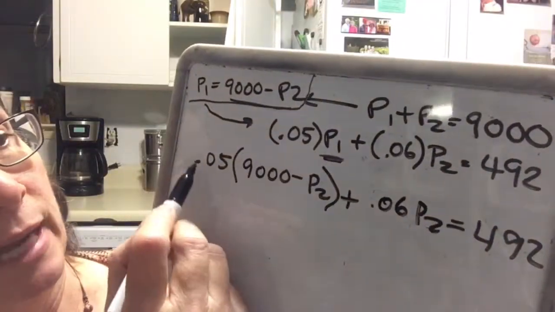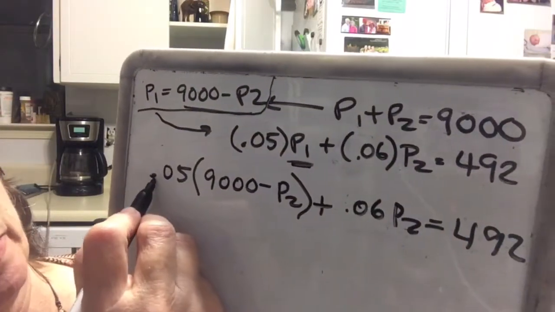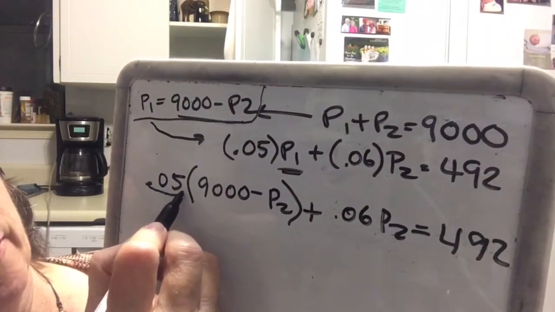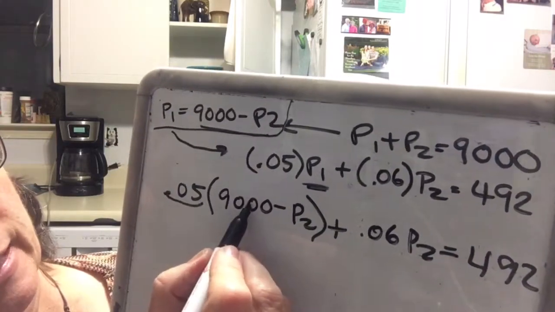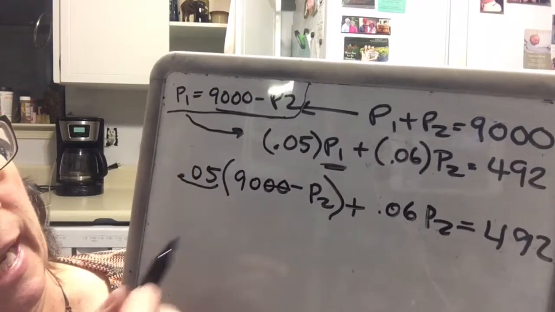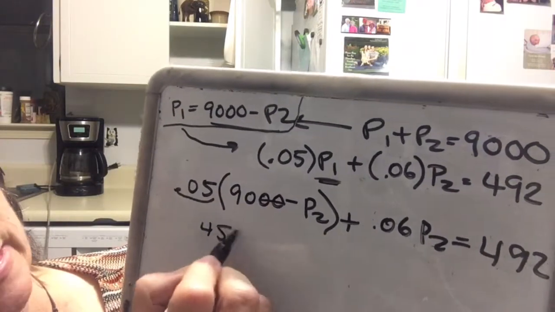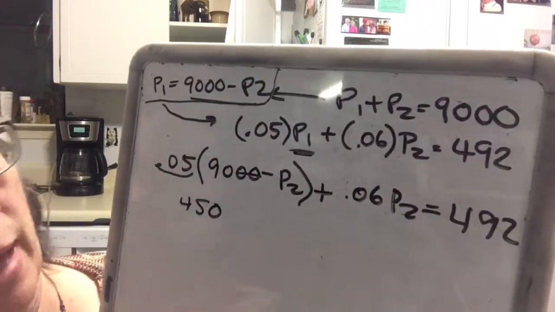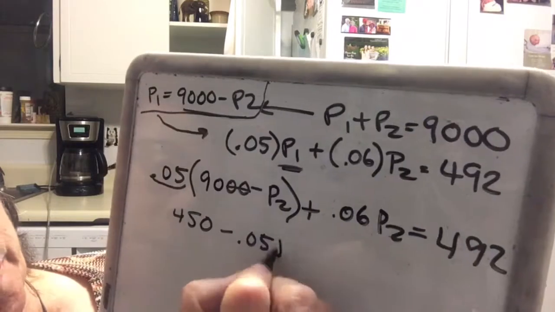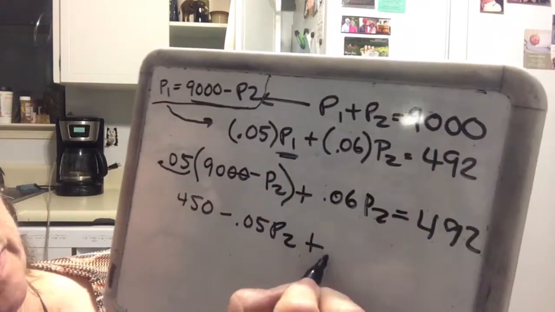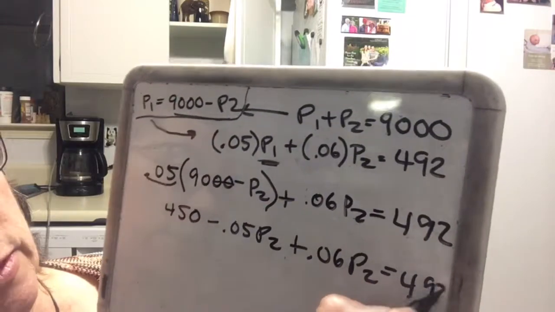Okay, so now I'm going to distribute through. And remember, to do this easily, if you clear that decimal, multiply 0.05 by 100, then you can cancel those two out, and it ends up being just a 450. A little bit easier to do the math on that. Minus 0.05 P2 plus 0.06 P2 is 492.